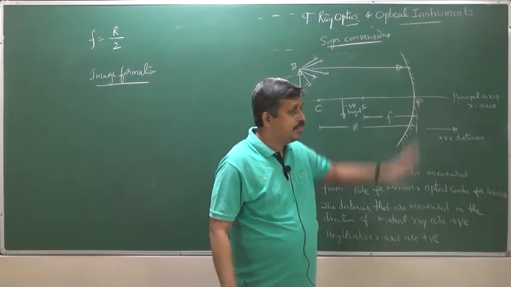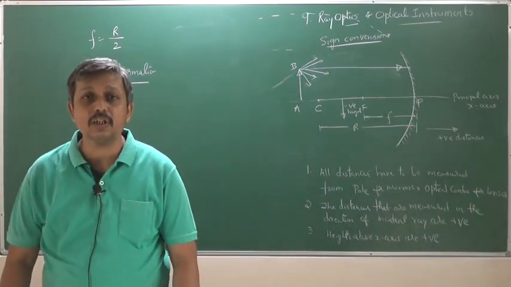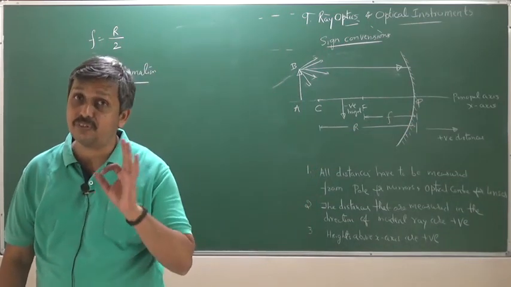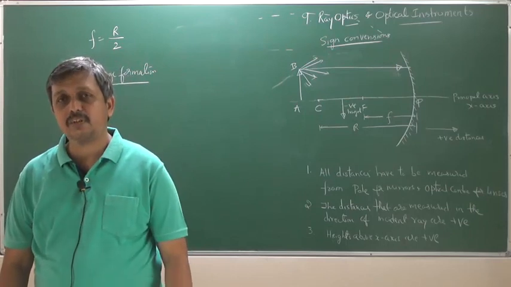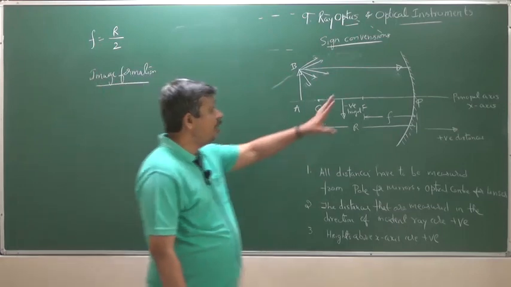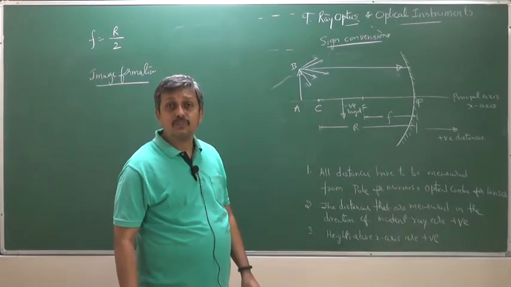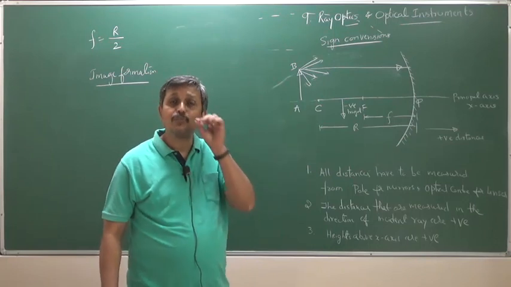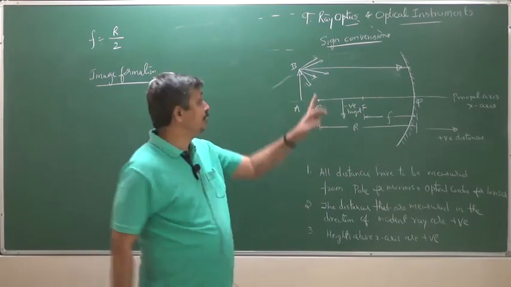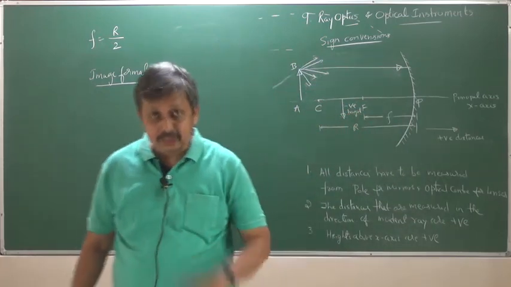They will go and hit the mirror. When they hit the mirror, they reflect. They follow the rules of reflection, which is simply angle of incidence is equal to angle of reflection. When you do that, they will all finally come and focus and join at one point, if at all.